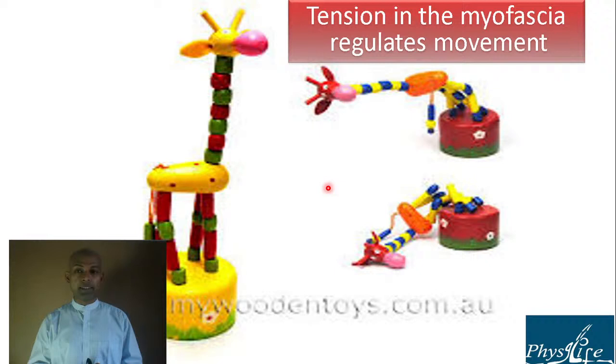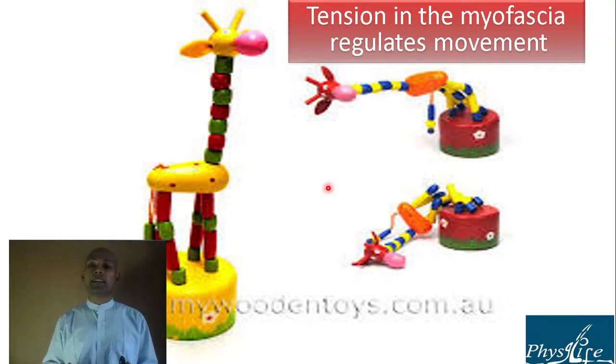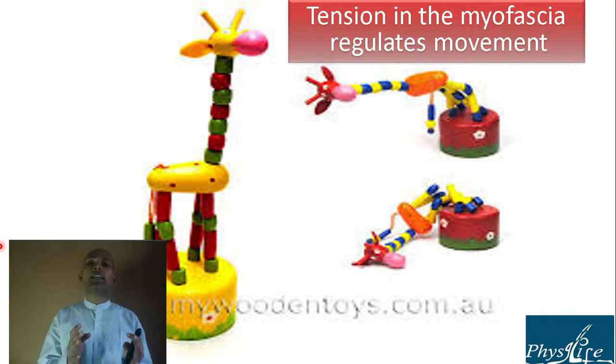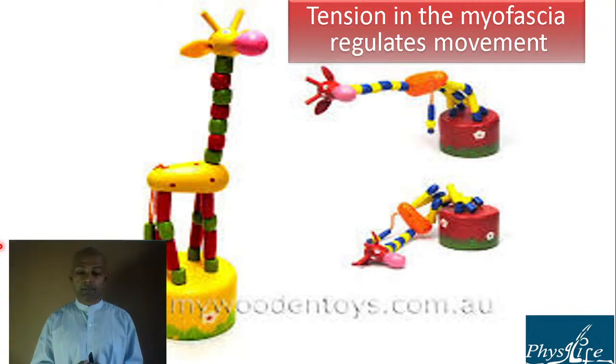Now what is movement? Movement is nothing but dynamic posture. So tension in the myofascia also regulates movement. If you have a correct alteration or change in the posture, then you will also have a correct movement sequence.